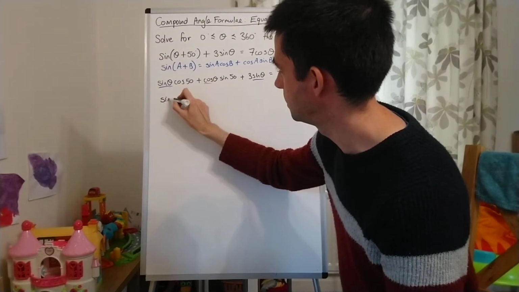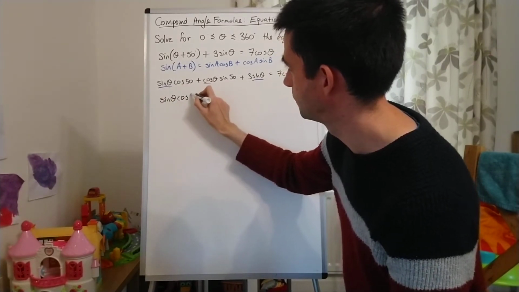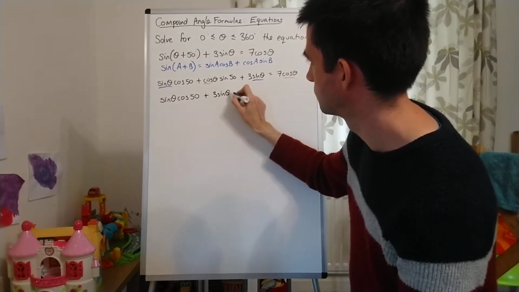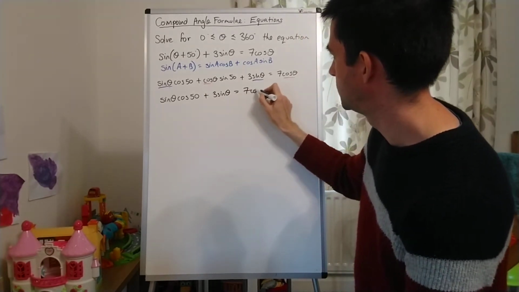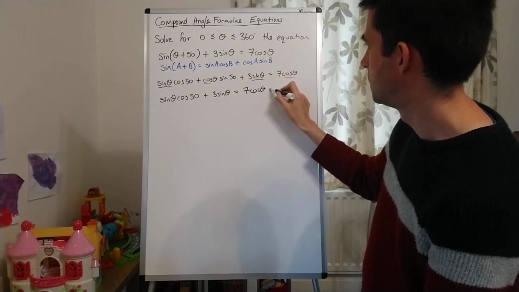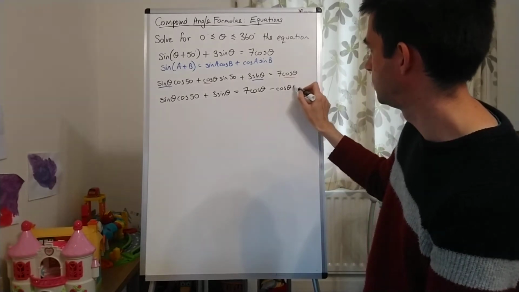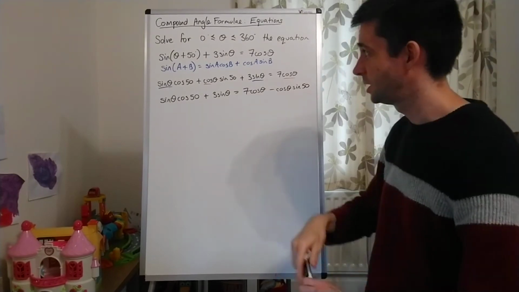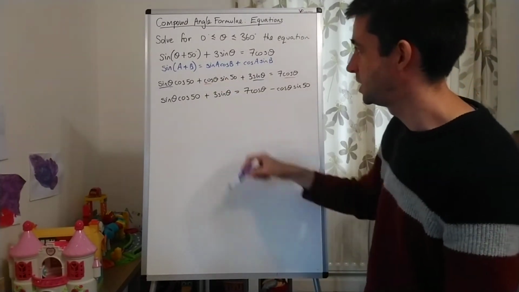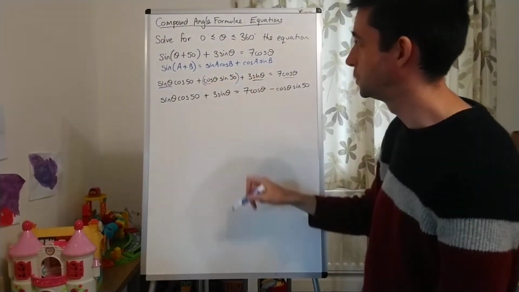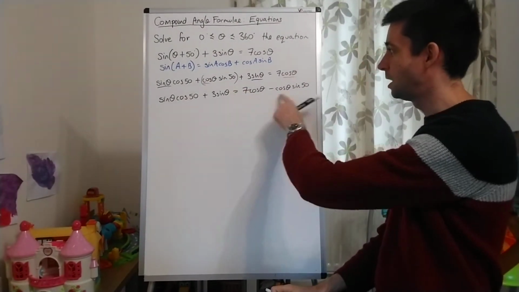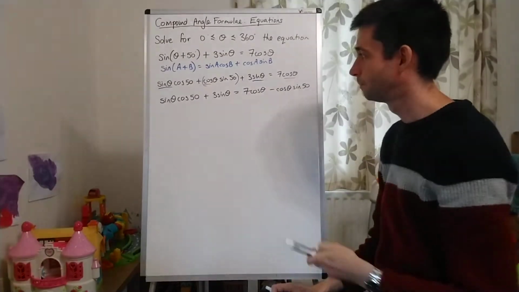So we'd have sin θ cos 50 + 3 sin θ would equal 7 cos θ − cos θ sin 50. And because this term here, cos θ sin 50, is a single term, sin 50 is a number, I can subtract the whole thing in this way.